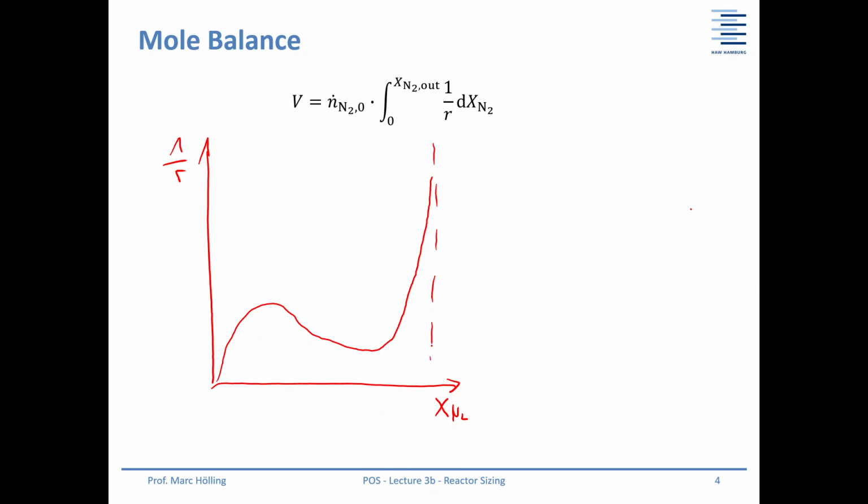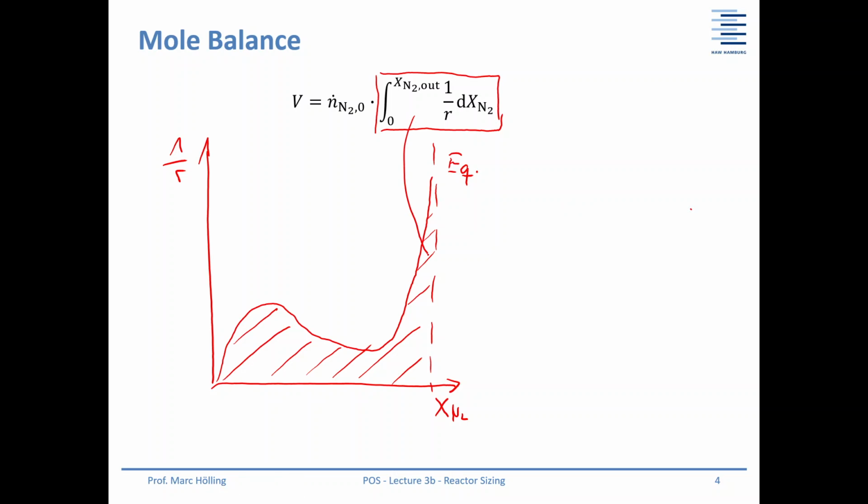Here you have the equilibrium, so it's not possible to go to 100% conversion, but there will be something like the equilibrium conversion. You already know this. If I want to have this expression here, we need the area under this curve, so 1 over r integrated over your conversion.